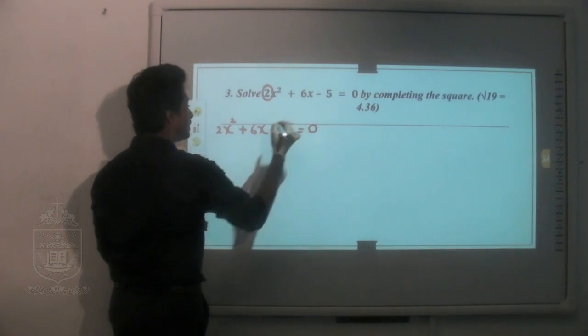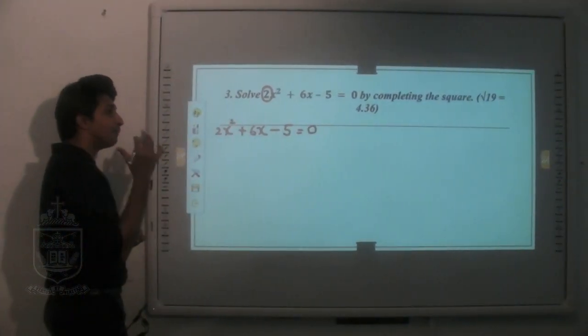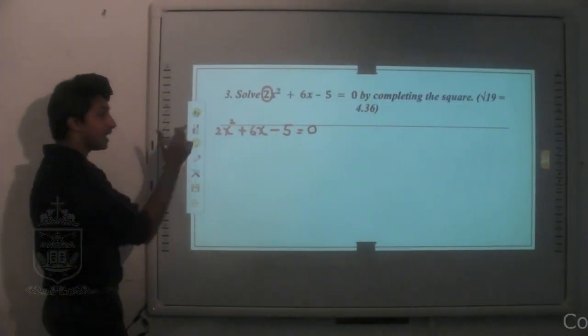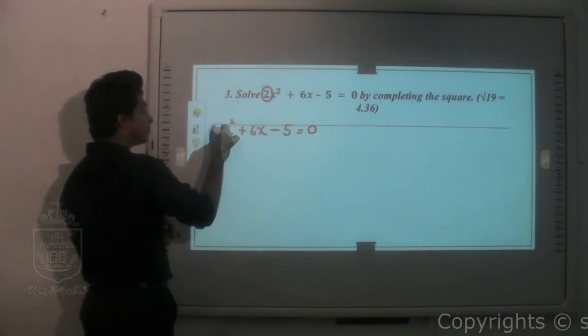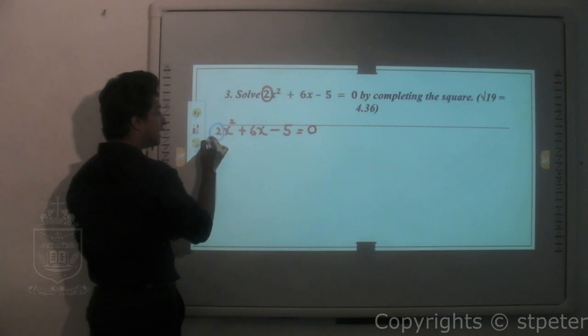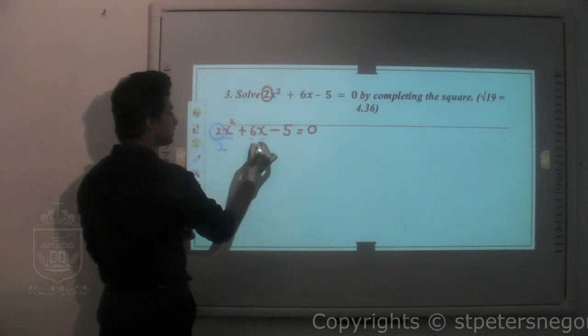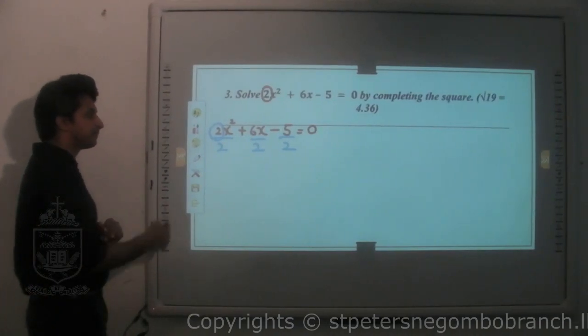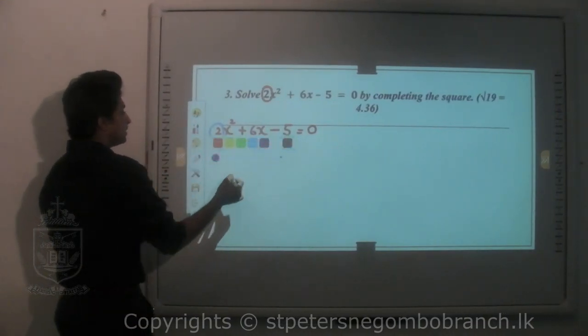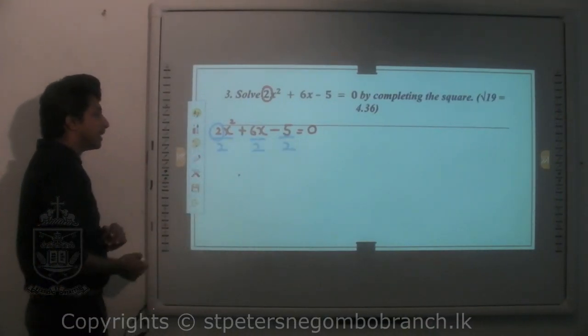Divide all the terms by the number in front of x squared. That means, this is the number in front of x squared, right? Take all the terms and divide by that number.